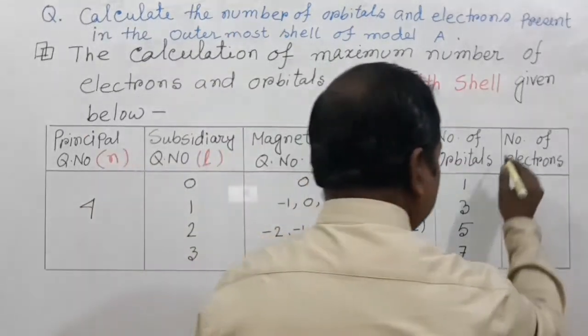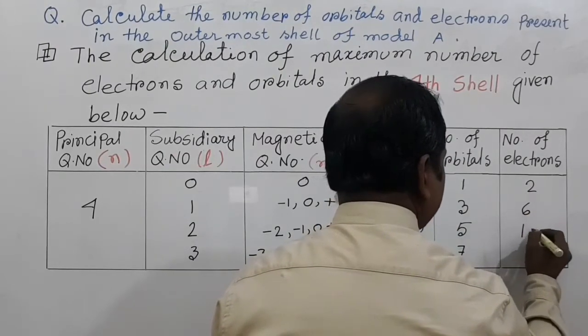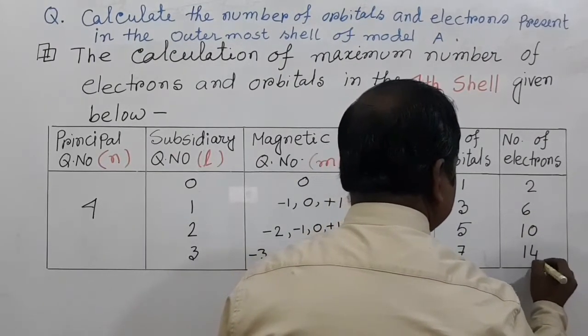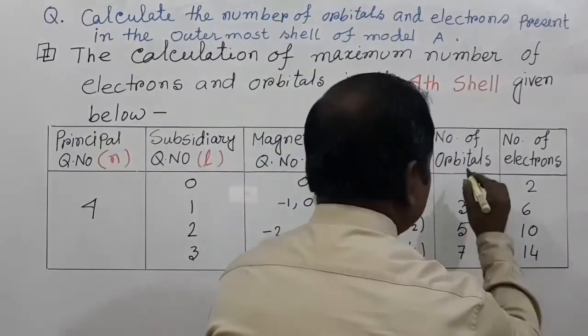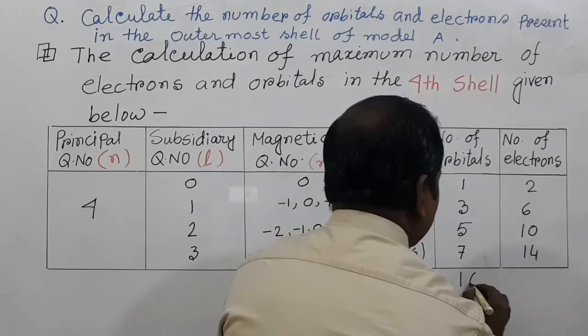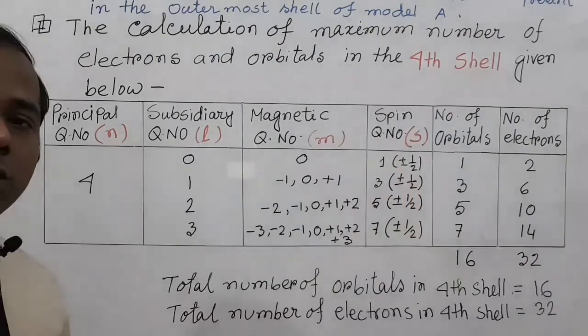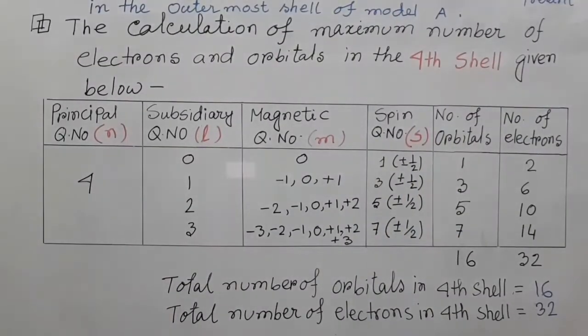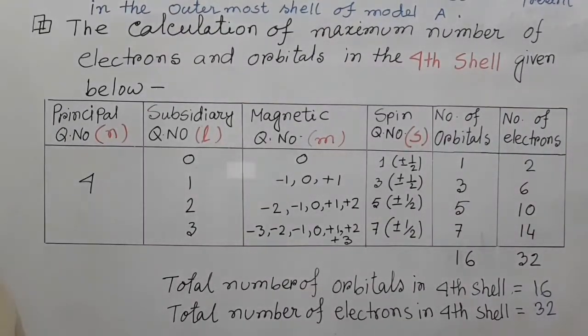So, the number of electrons present is 2, 6, 10 and 14. Now, we can say that the total number of orbitals in the fourth shell equals 16 and the total number of electrons in the fourth shell equals 32.